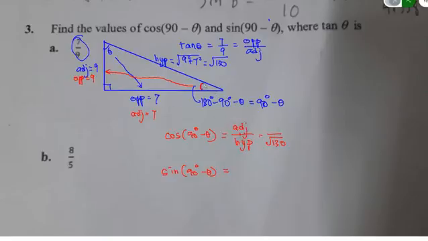Adjacent for this angle is 7. Now sine is opposite over hypotenuse. So the opposite of this angle is 9. So it's 9 over square root 130. That's it. So similarly, try to work out this using the same method.